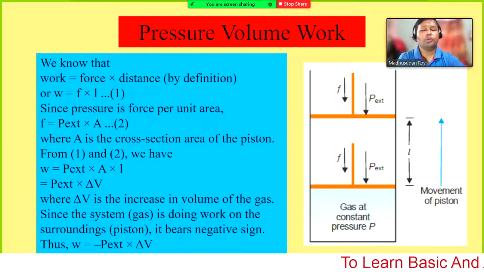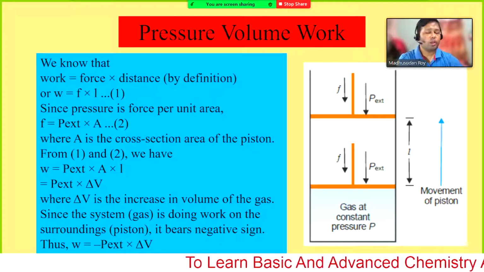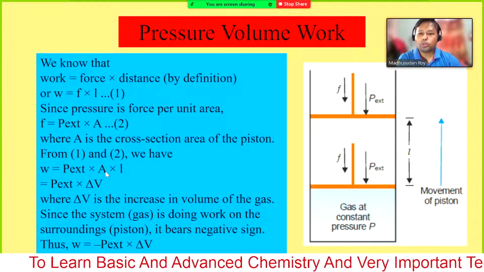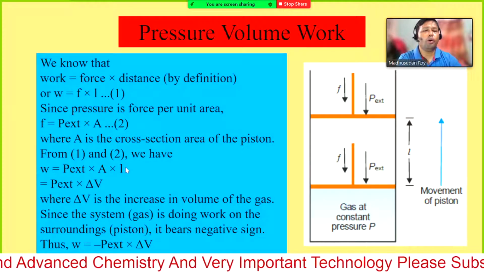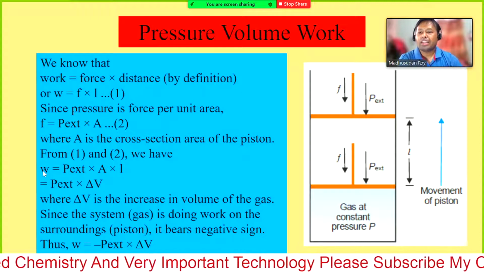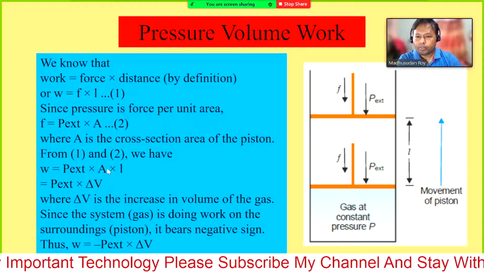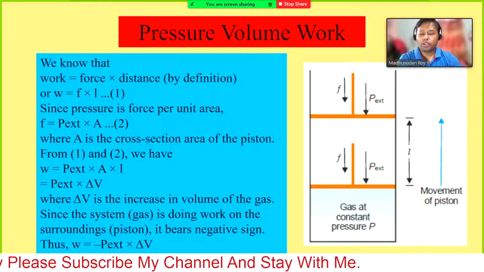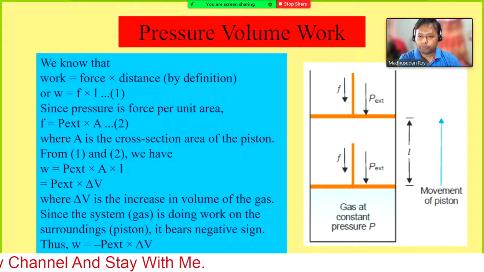Therefore we can easily find the volume, pi r square L. As already mentioned, this is the area, so to get the volume we need to multiply by the distance or displacement or length. So W equals P exert into delta V. Area into length, that means height, that is the volume. So we put the symbol P exert into delta V.